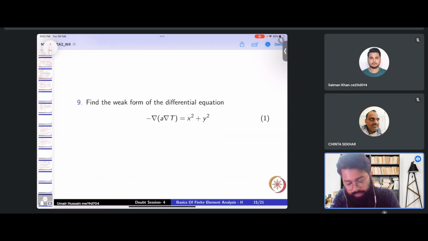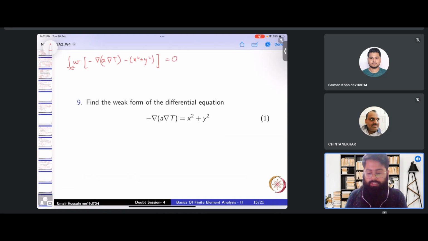If we want to find a weak form, we first write the weighted residual statement, with the gradient term and minus of x square plus y square. Wherever we have the second order derivative term, we do the integration by parts.